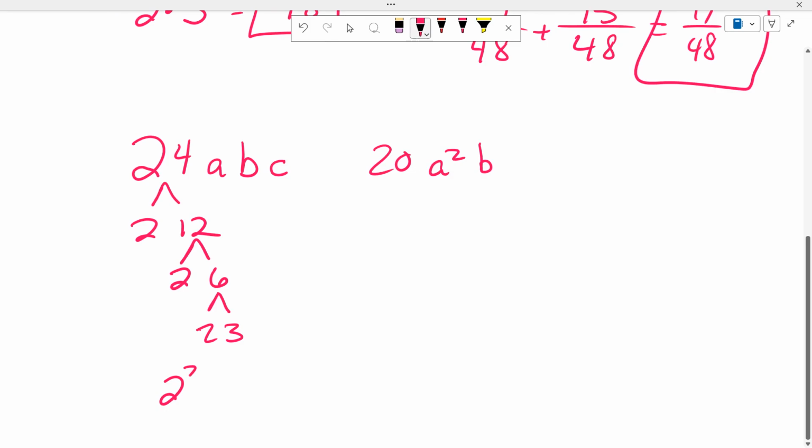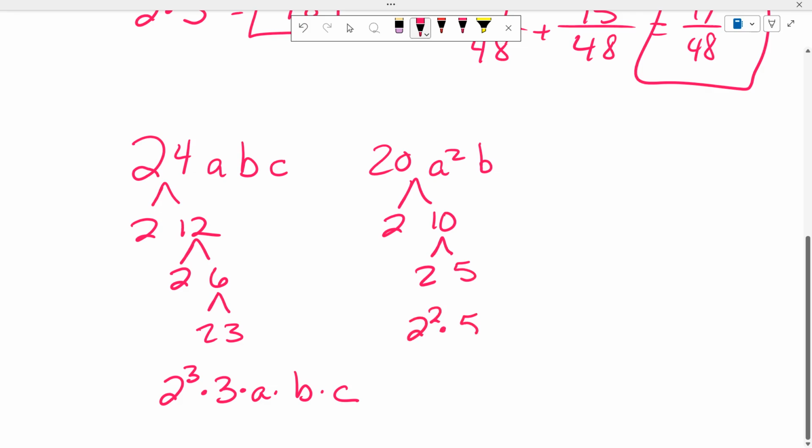So this is 2 cubed times 3 times A times B times C. 20A squared B is 2 and 10, which is 2 and 5, which is 2 squared times 5 times A squared times B.